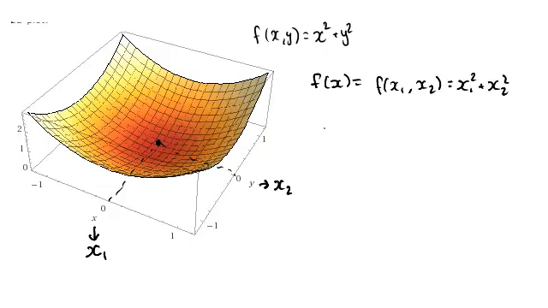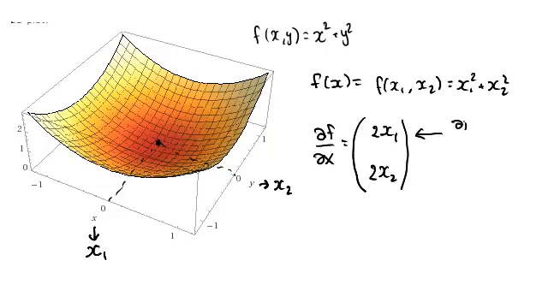Then, since this is a function from R2 to R, the derivative is a 2 by 1 column vector, where in the first row we have the derivative of f with respect to x1, and that's 2x1, and then we have 2x2. The first one being df dx1, the second one being df dx2.